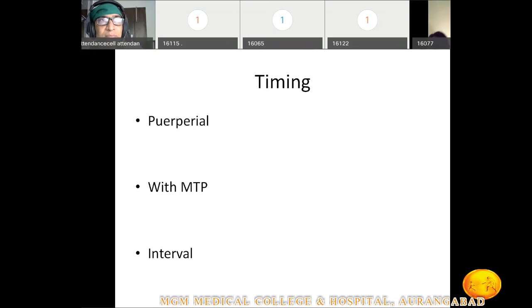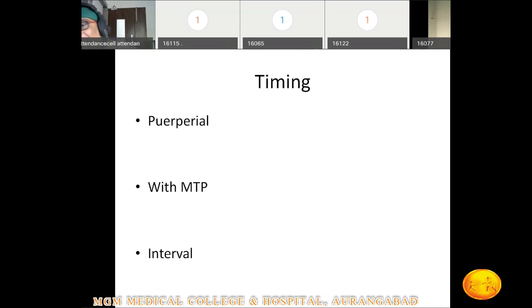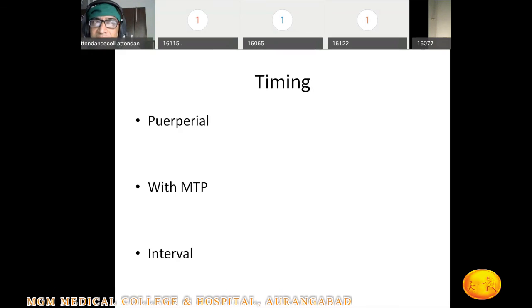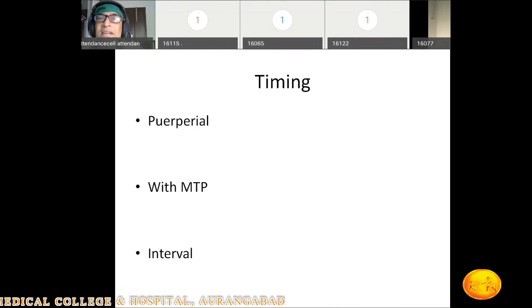This is one benefit. And surgically also it is very easy, because the uterus is an abdominal organ during the puerperial phase, and that's why it's very easy to take the fallopian tubes out and do the surgery on them. With MTP, obviously we do it under anesthesia.